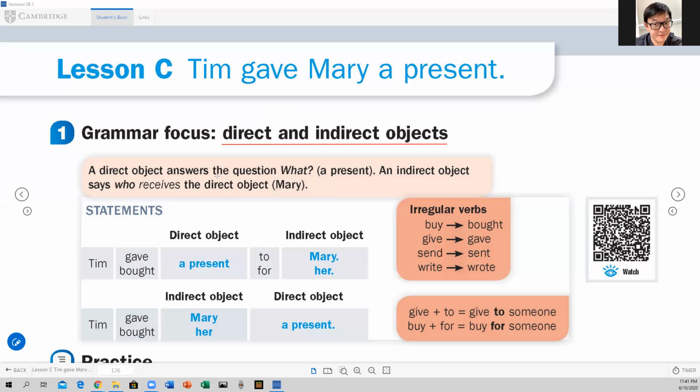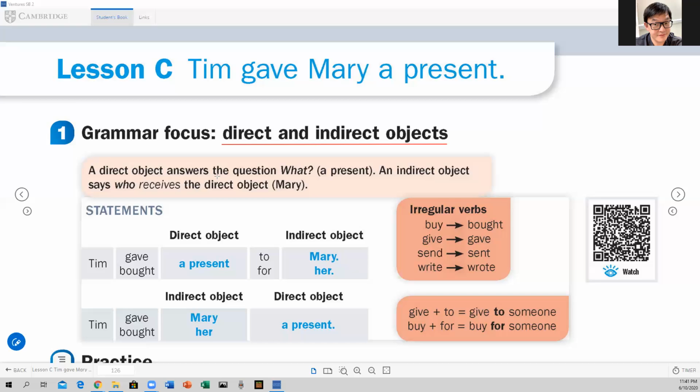And when I say object, I don't want you to think object as a thing. I want you to think object as a concept. The object can be a person or can be a thing. It doesn't matter. It's an object. It's something that the verb is referring to or related to in the sentence.